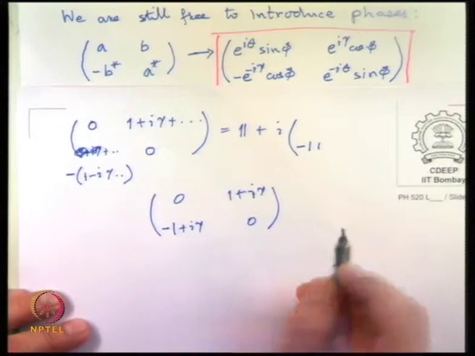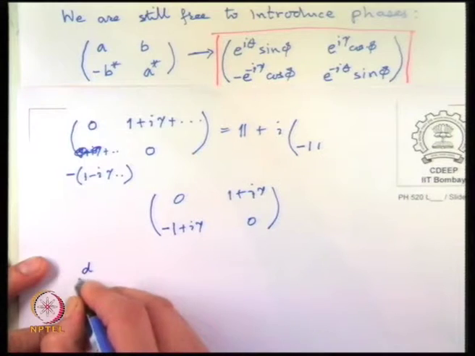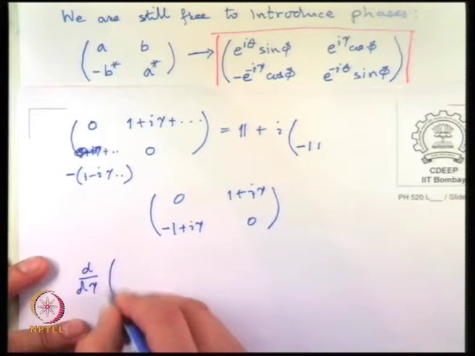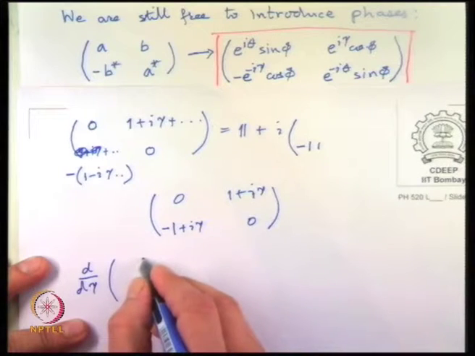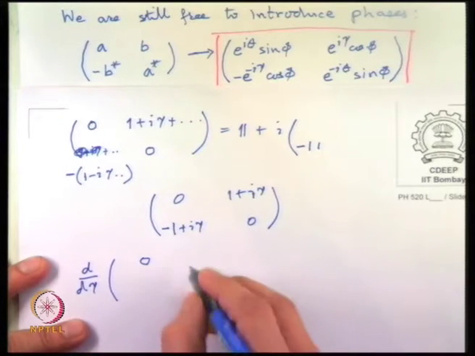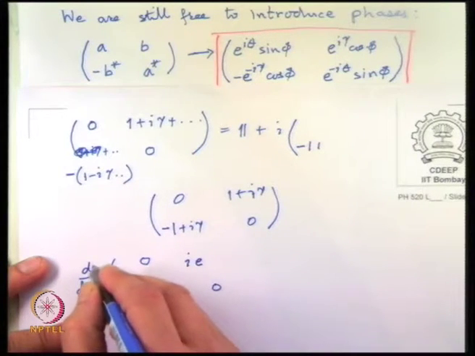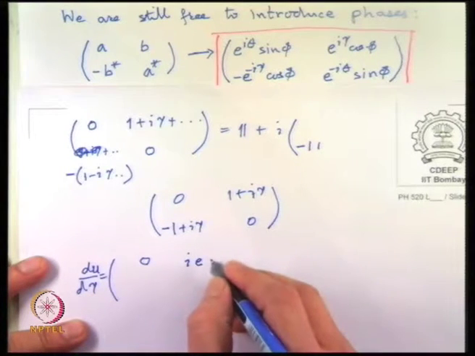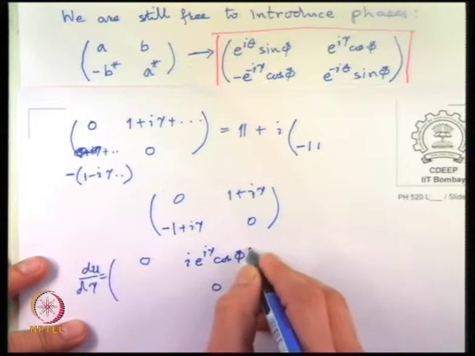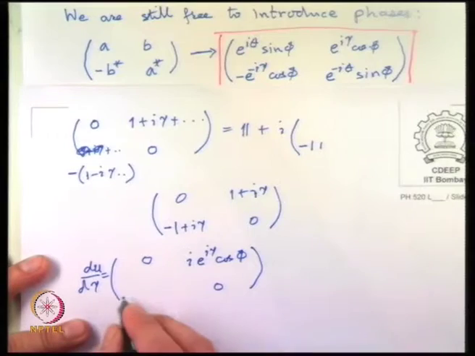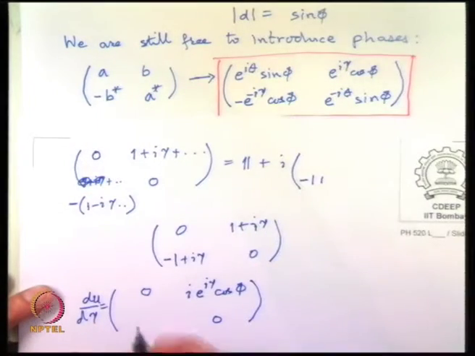So what happens if we do d by d gamma of this? These terms are not important because they are anyway not dependent. So I get du by d gamma equal to i times e raised to i gamma cos phi. Good, that is the way to do it. And then when I differentiate this, I get i times e raised to minus i gamma times cos phi.